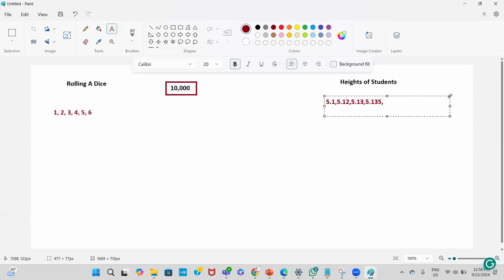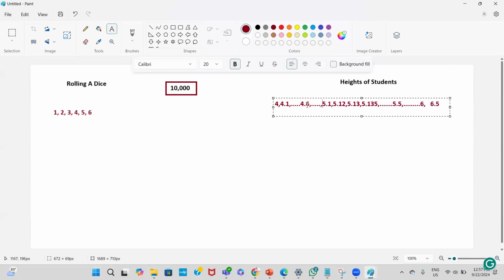At some point it goes to 5.5, at some point it reaches 6, at some point it reaches 6.5. It can also start from 4 feet, 4.1, and go till 4.6, and so on. This is how the heights of students will vary.